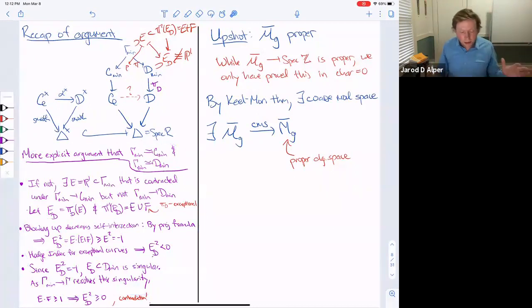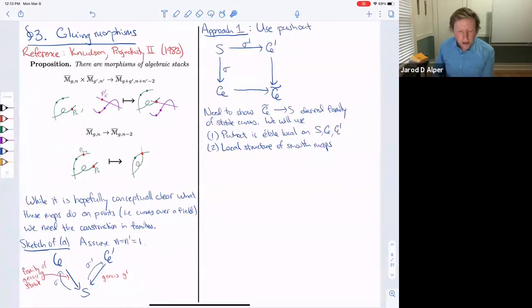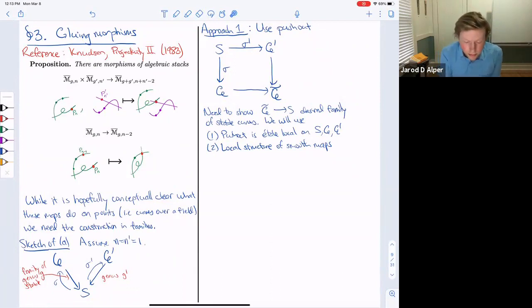I wanted to give multiple perspectives. Anyway, so the next topic is gluing morphisms. And the reference is Knudsen's articles, namely his second projectivity paper.